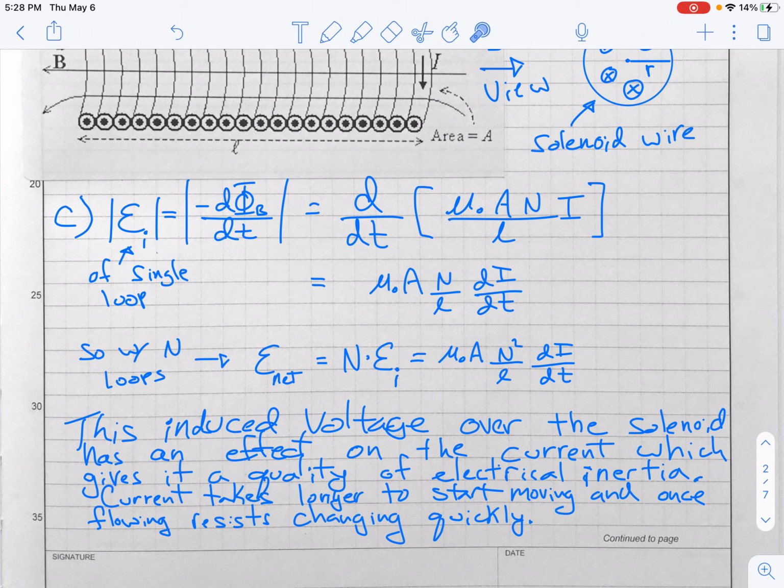So it's a device which does not do anything to current which flows steadily, but when the current changes, it tends to resist the change. It makes the change slower. It delays the change. Whether that's increasing the current or decreasing the current, either way, it makes it happen slower.